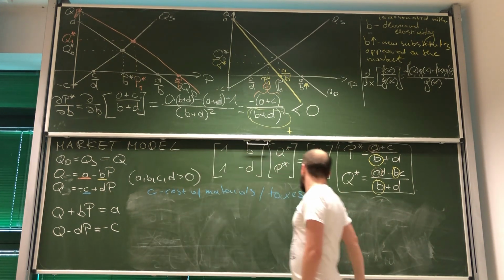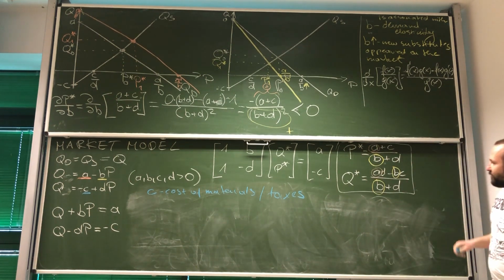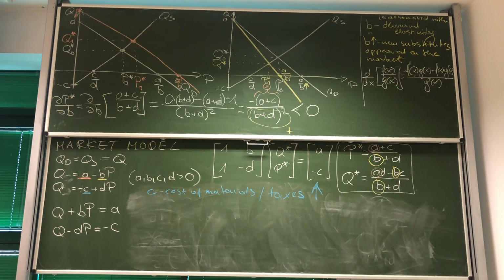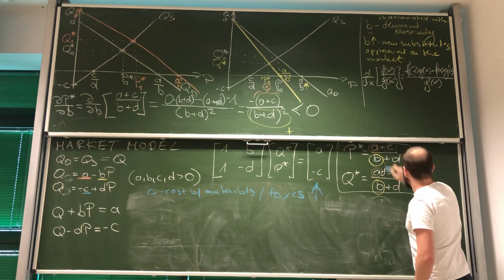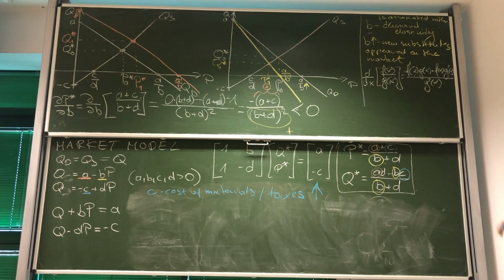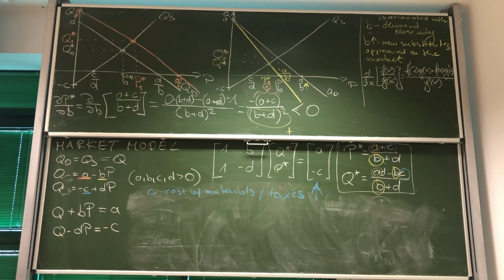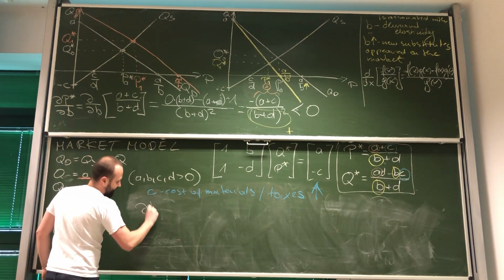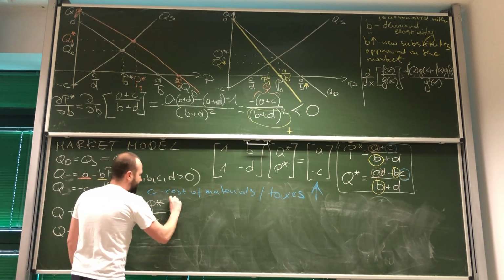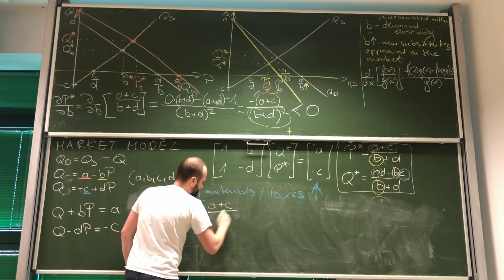And now again we are interested in what will happen to equilibrium price and equilibrium quantity as taxes go up. We see that C appears in the expression for price and for quantity, so there's not going to be a problem with calculating comparative static derivatives. Let's start with the price. We need to calculate the comparative static derivative of (A plus C) over (B plus D).